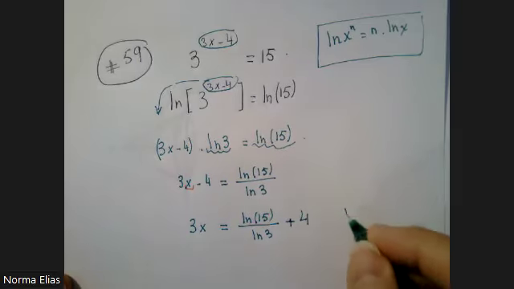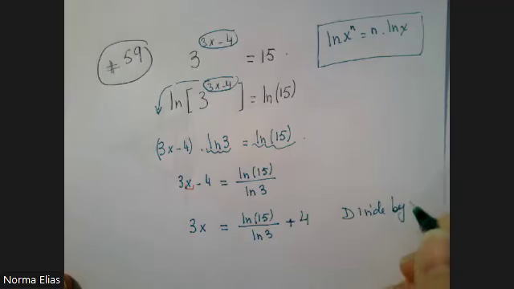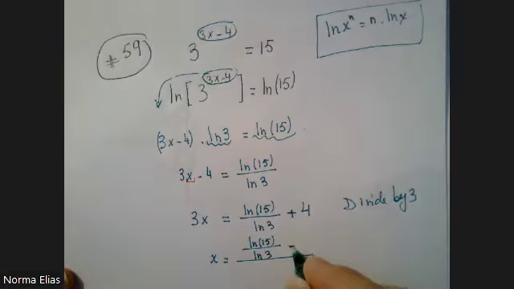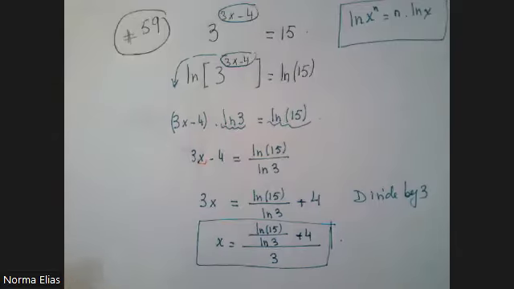And finally, divide by 3 across. So x equals ln of 15 divided by ln of 3 plus 4, the whole thing divided by 3. Questions?